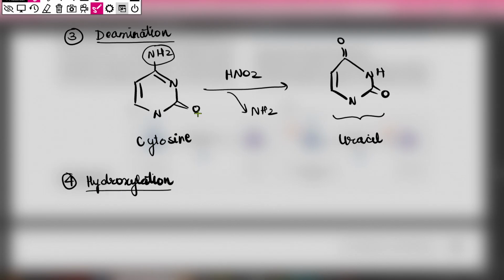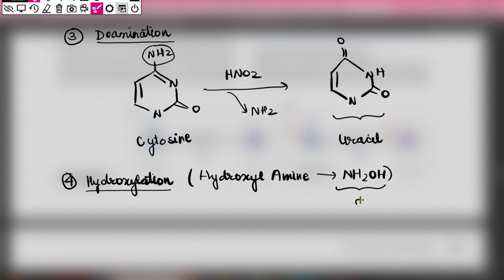For example, if I talk about hydroxylamine, this is the best example for this. So what is there in hydroxylamine? The formula for hydroxylamine is NH2OH. This NH2OH will do the hydroxylation, and particularly this will do the hydroxylation of cytosine only.